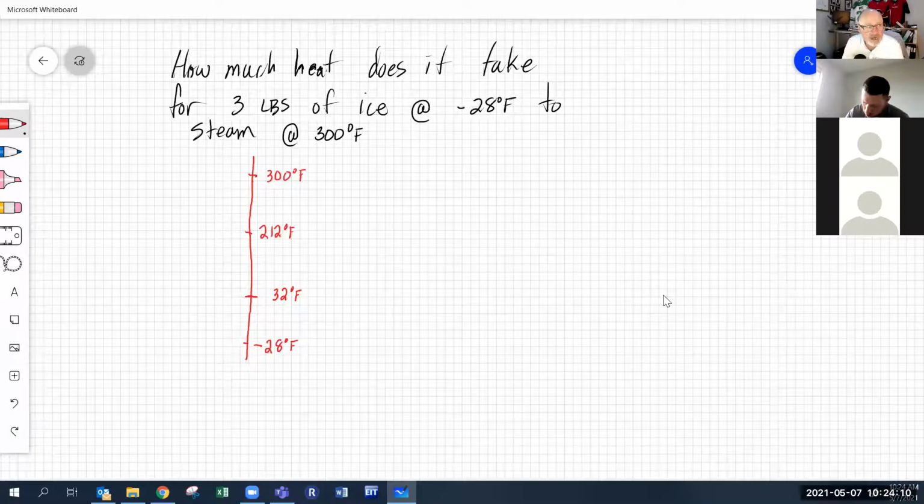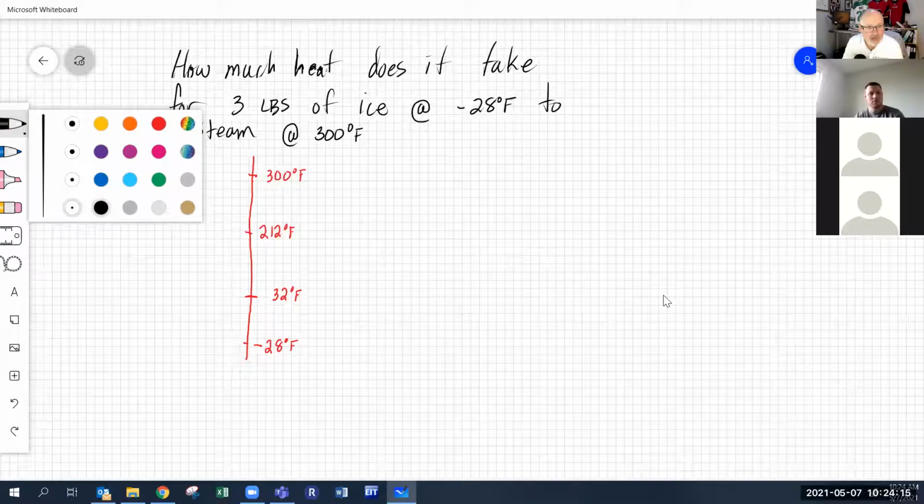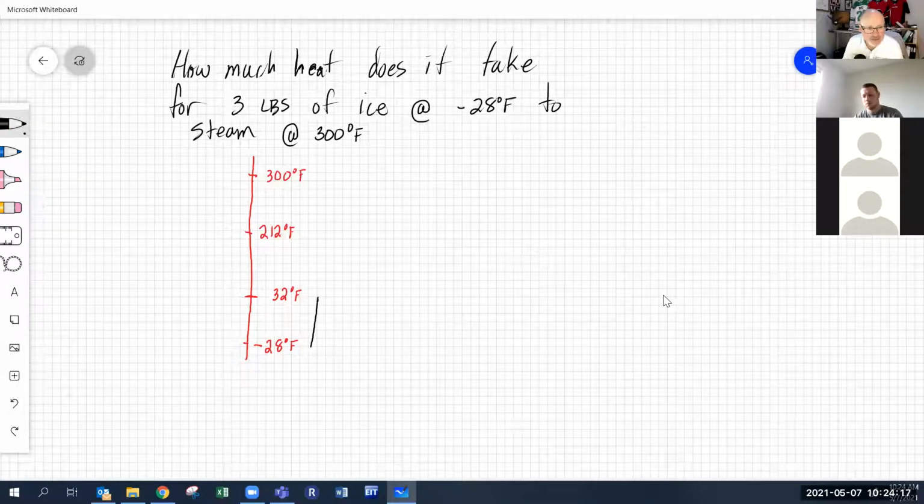So I first have to raise the temperature of this ice to the freezing point. So I'm going to call this number 1. I'm raising the temperature of the ice.